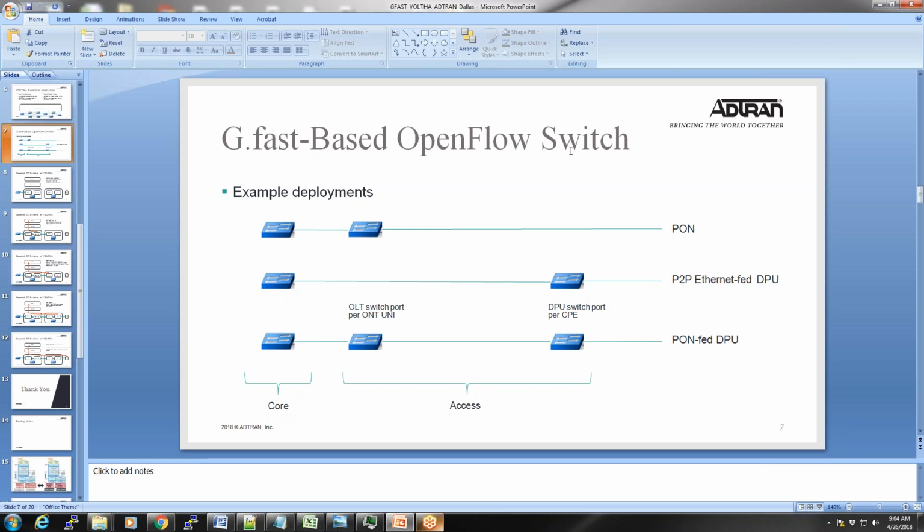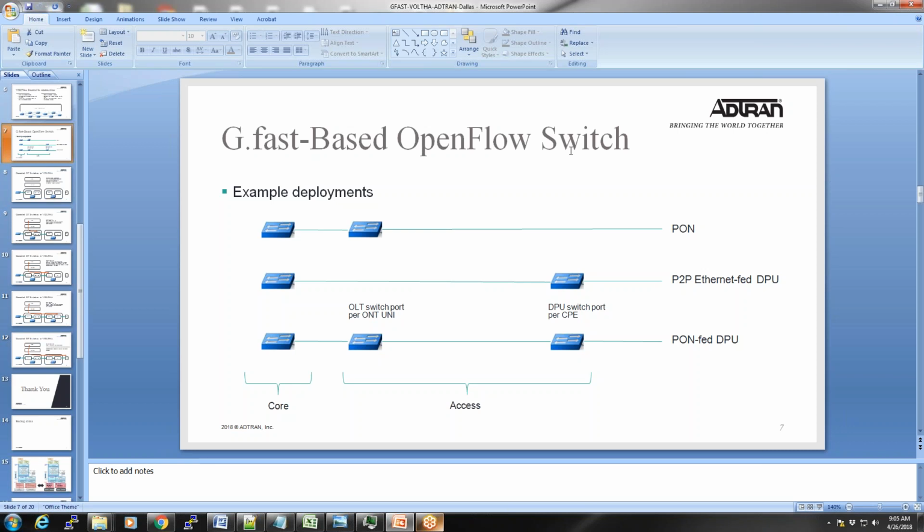And so a DPU and an OLT are both aggregation devices, and we want to model them as such, and we want to allow VOLTHA to represent them as OpenFlow switches to an OpenFlow world. And so a DPU, whether it be point-to-point fed Ethernet or PON-fed DPUs, both of them are OpenFlow switches in our proposal.